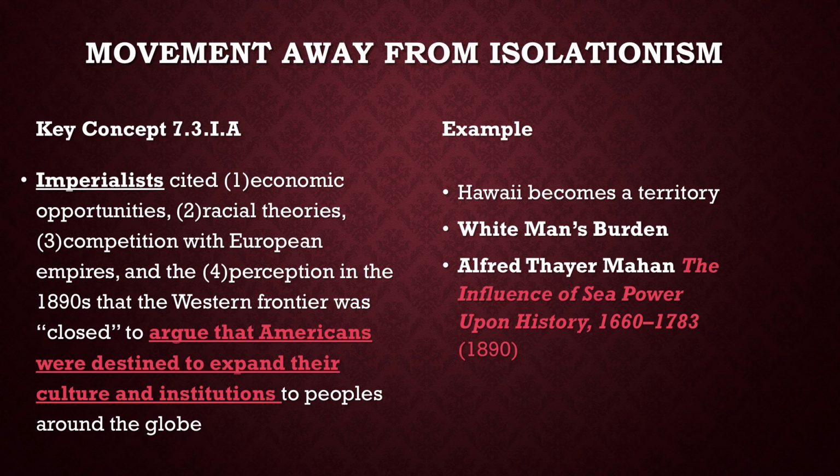A little hint, 1783 is the end of the American Revolution. Bingo. Great Britain. What he wants is America to emulate Great Britain, build a massive sea power. He's an imperialist. Theodore Roosevelt, imperialist. John Hay, the Secretary of State, imperialist.